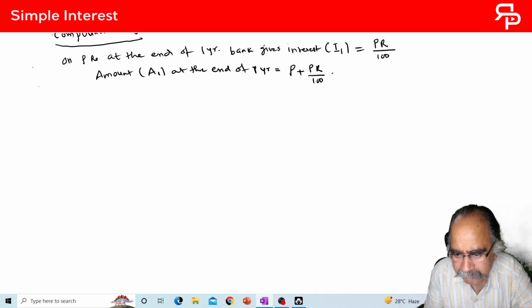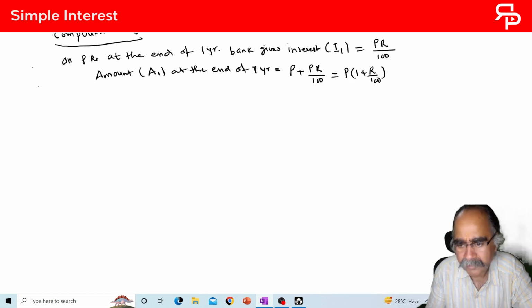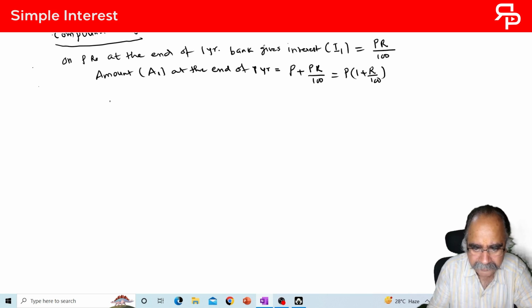From this I'll take P common, 1 plus R by 100. This is the amount at the end of the first year, which becomes the principal in the beginning of the second year.